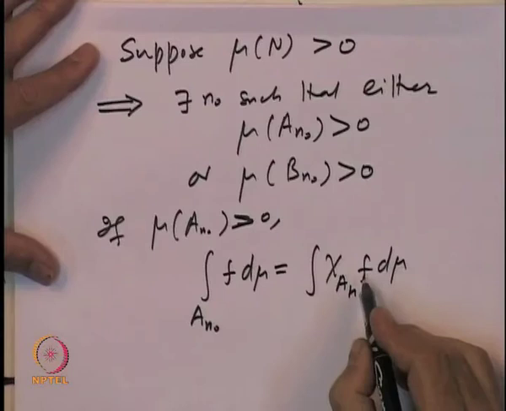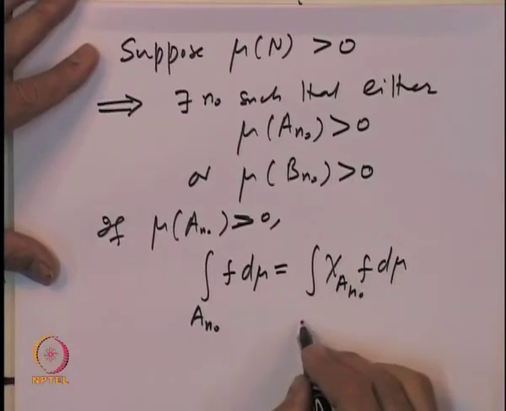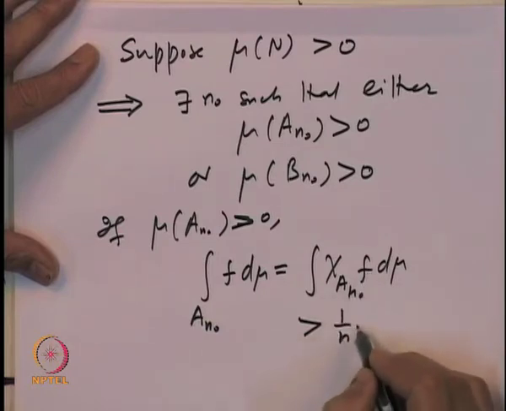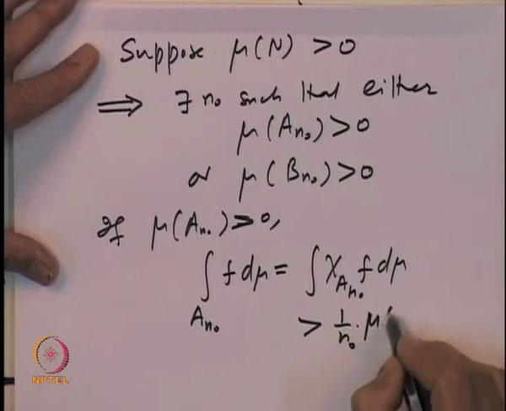Now, on the set A_n0, f is bigger than 1 over n. So, this is bigger than the integral of 1 over n0 times mu of A_n0.